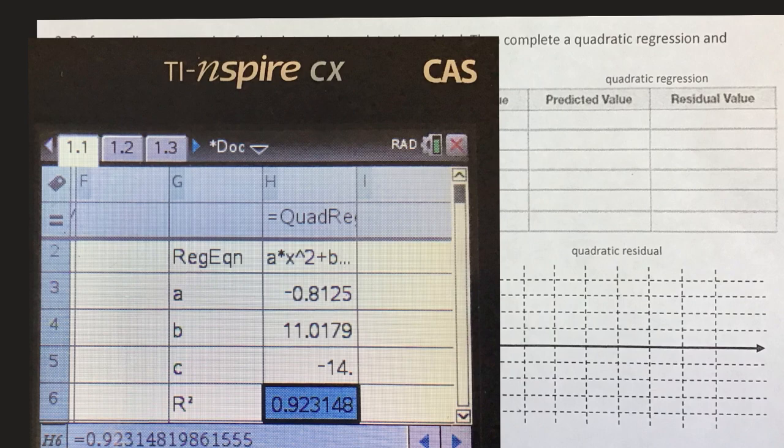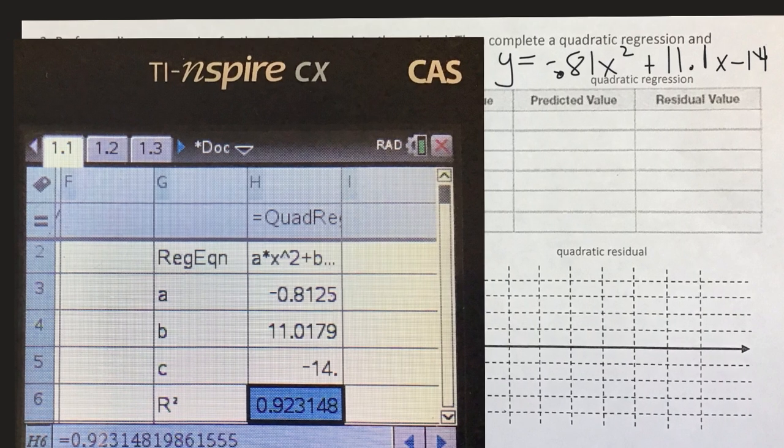On this part, we're going to write y equals negative 0.81 x squared plus 11.1x minus 14. I believe that's 14, or 13.999, which is pretty much 14. So we'll leave it as 14.